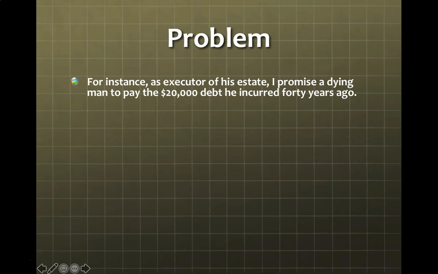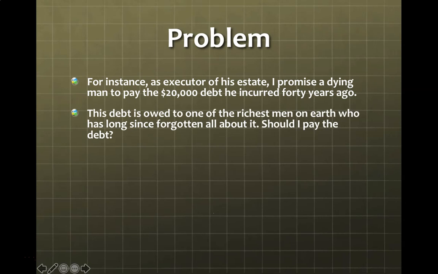For instance, as executor of his estate, I promised a dying man to pay a $20,000 debt he incurred 40 years ago. This debt's owed to one of the richest men on earth, who's long since forgotten about it. Should I pay the debt?